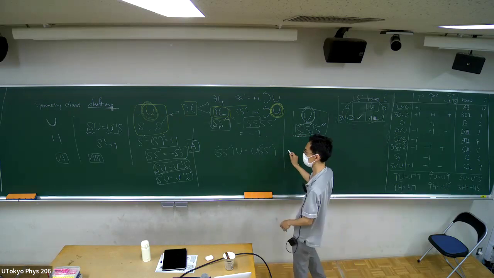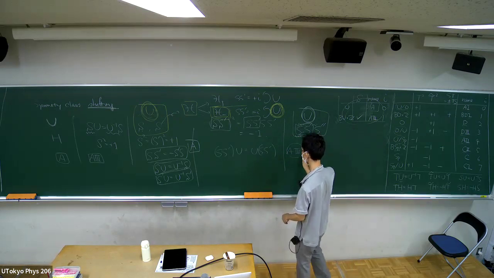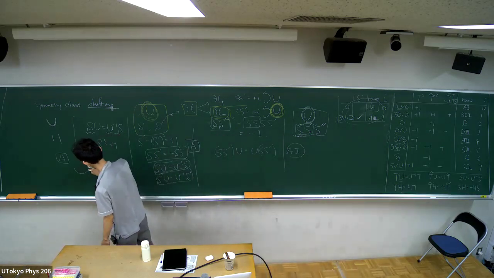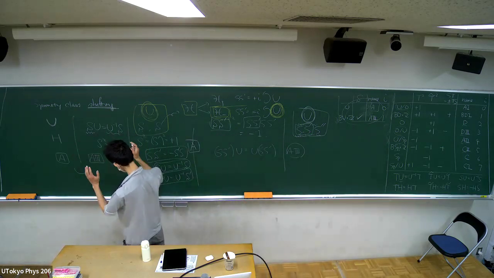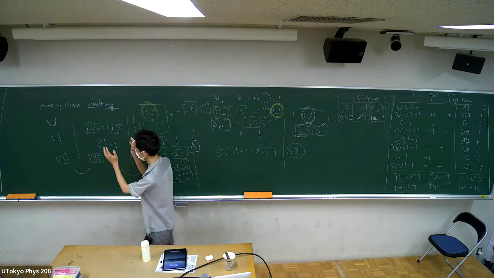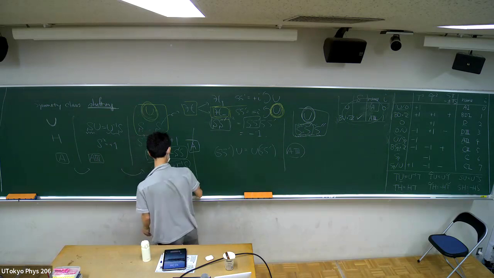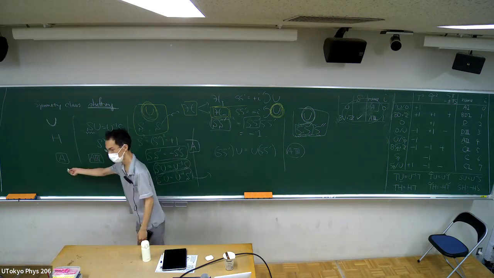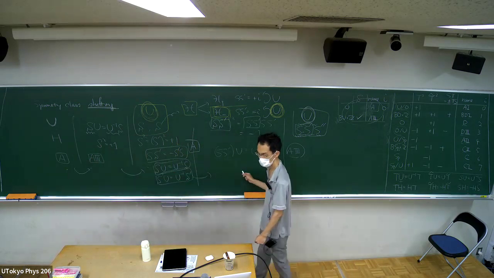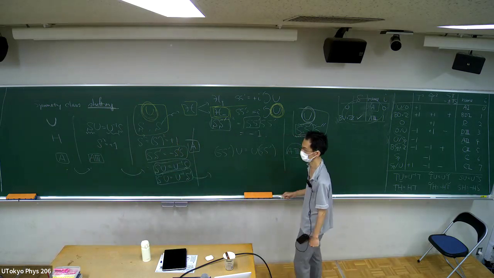So this is A3. So in this way, by imposing additional constraint by the additional existence of S, you start from A, you get A3, A, A3, A, A3, right?